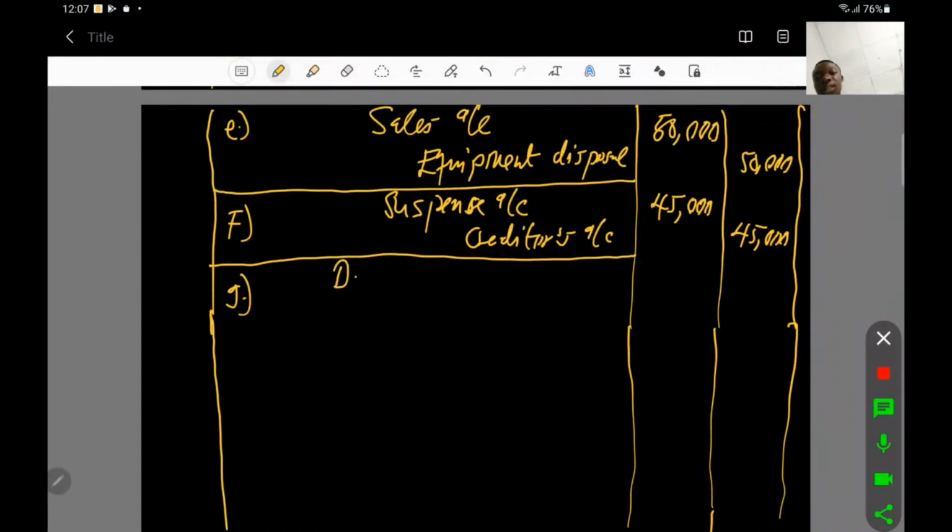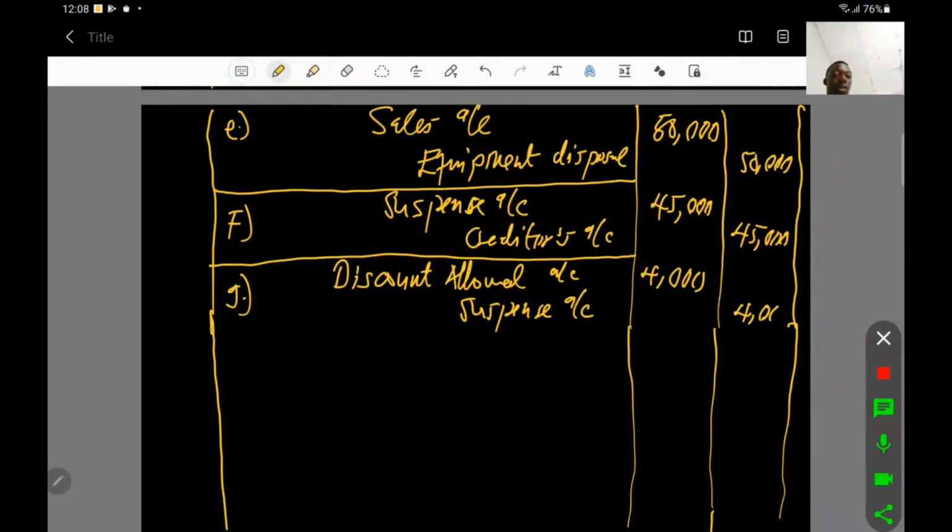So tell us that discount allowed, the figure was 4,000. So just record it, and then suspense will cater for the difference, which is the 4,000. The suspense account 4,000. In that case, then you are done.